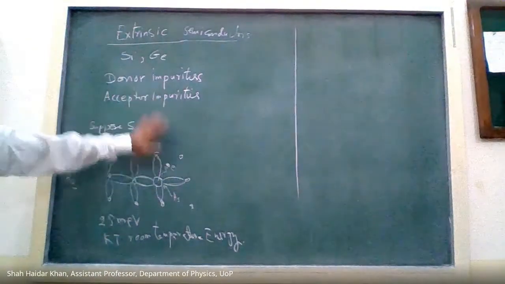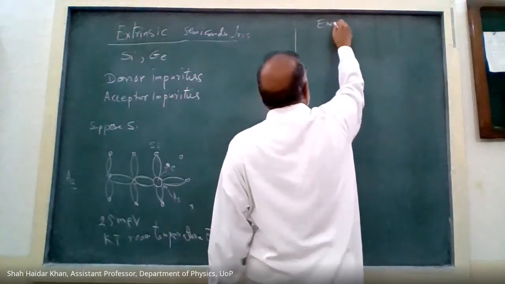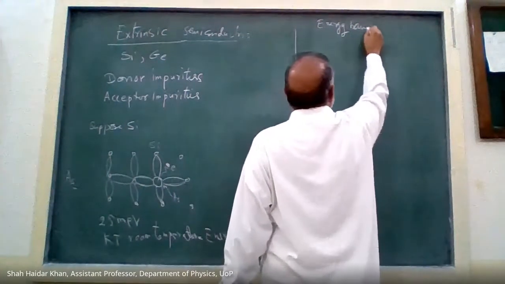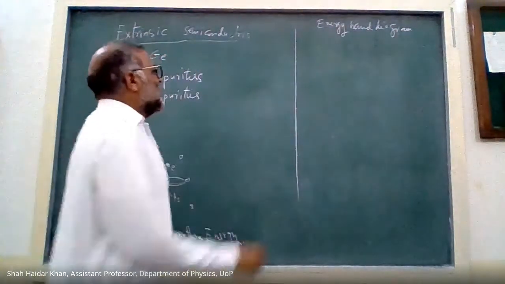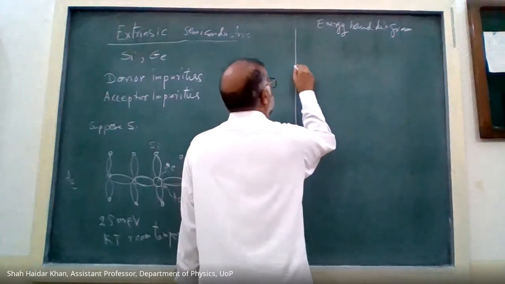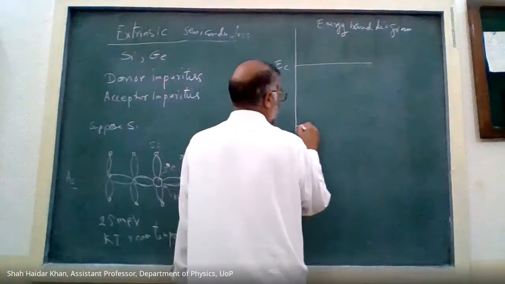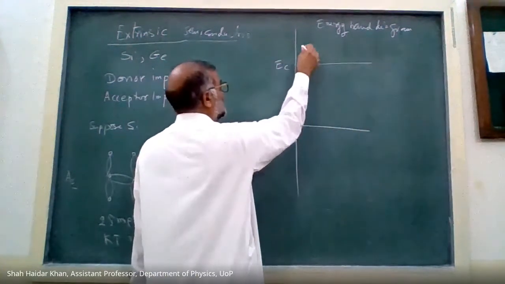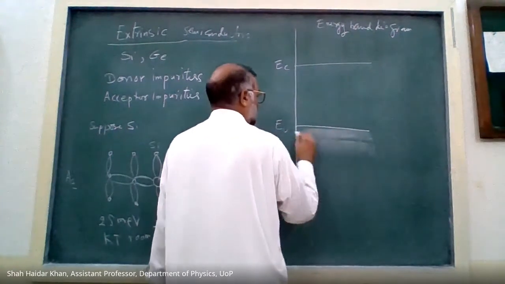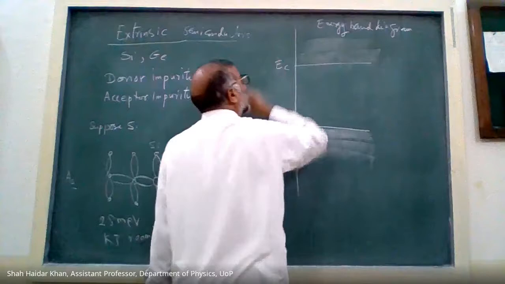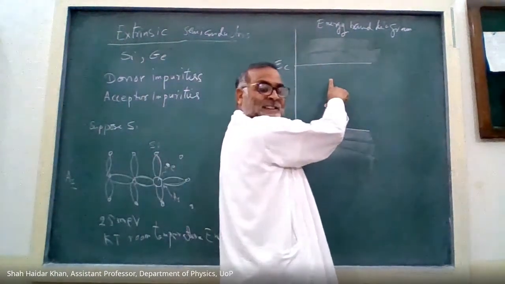So we can write the situation in an energy band diagram. From band theory of solids, we say there are bands. That is the bottom of the conduction band, and that is the top of the valence band, right? We said there cannot be any levels in between.